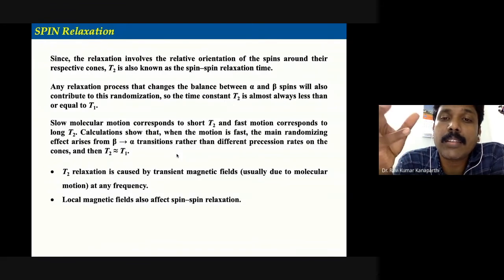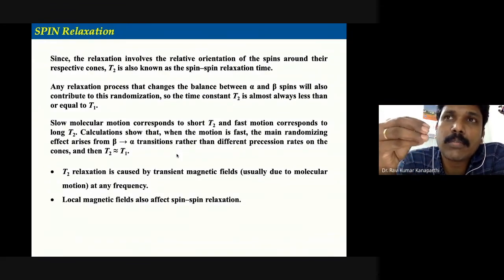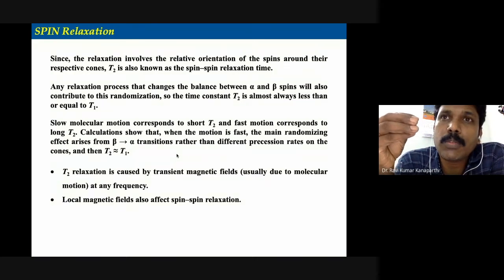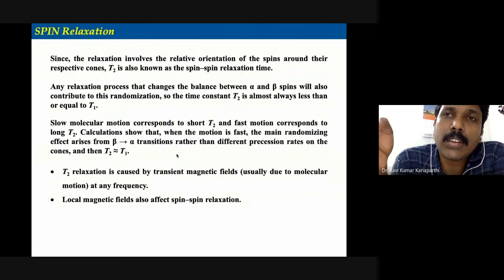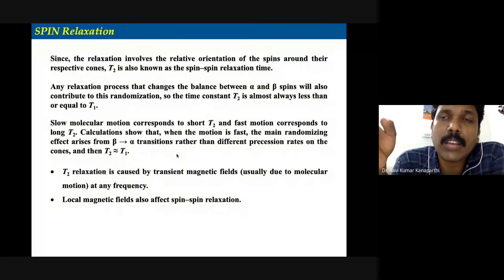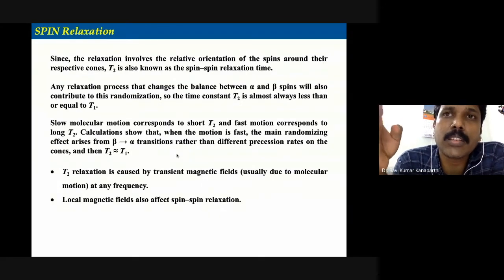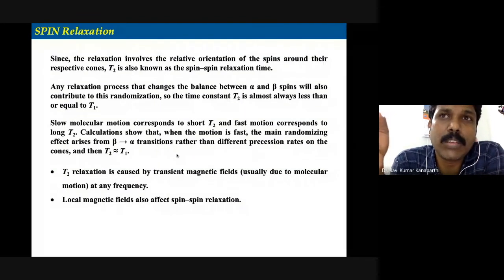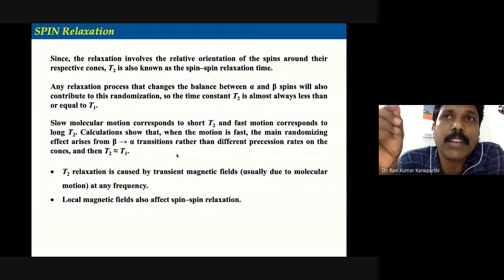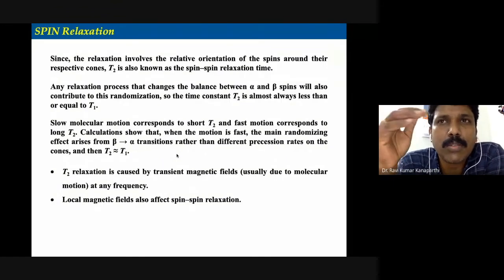On the other hand, if it is too fast, then the spins will stay bunched together for a longer time because of the fast change in the local magnetic field. Please remember that the local magnetic field will be slightly different. It is not too much variation, but slightly different.